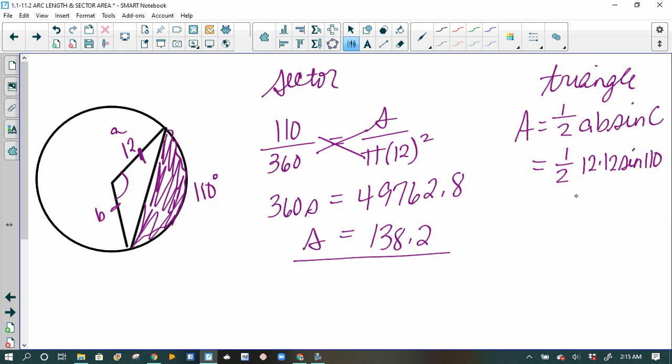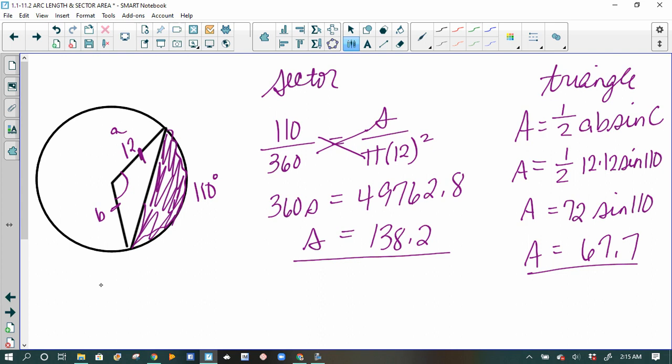So 1/2 of 12 times 12. So 12 times 12 is 144. Half of 144 is 72. Sine 110. So 72 sine 110, 67.7. So there's the triangle.